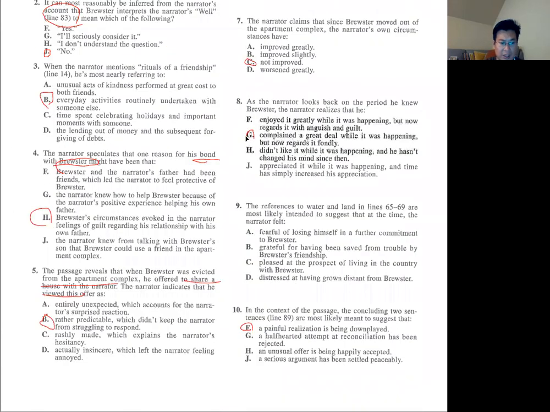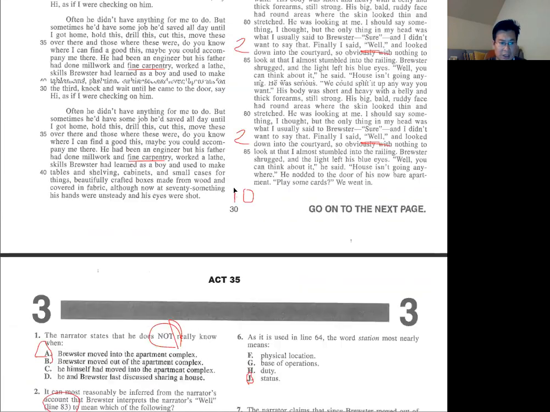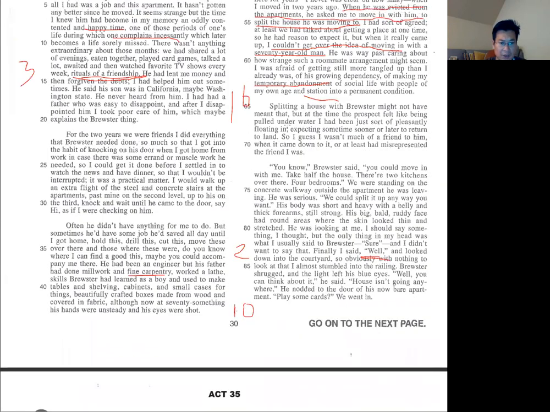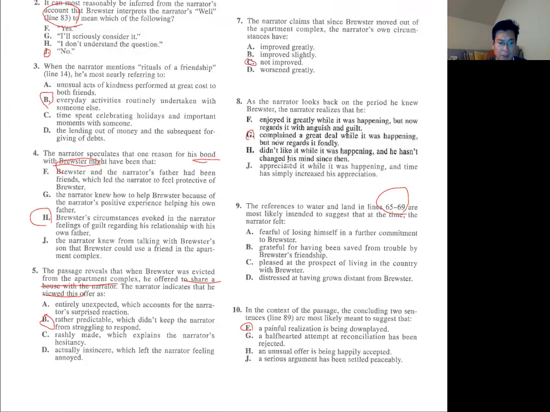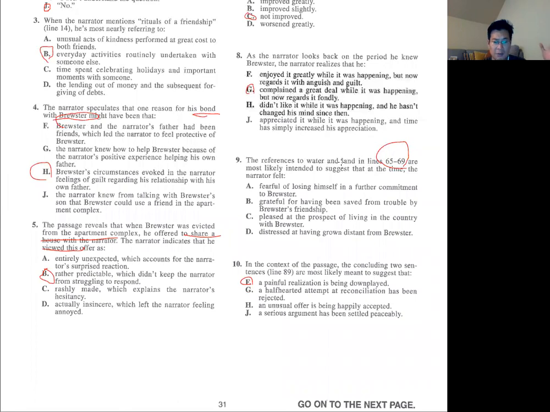And then question number 9, the reference to water and then land in lines 65 and 69. I didn't see this one when I read it first. Most likely intended to suggest, so lines 65 to 69, if you think about splitting a house, this might have meant that, but at the time that prospect felt like pulling underwater, and just sort of presently floating in. So which means his social aspect.